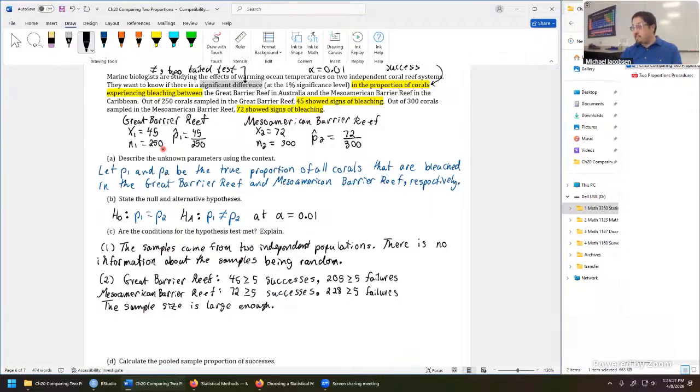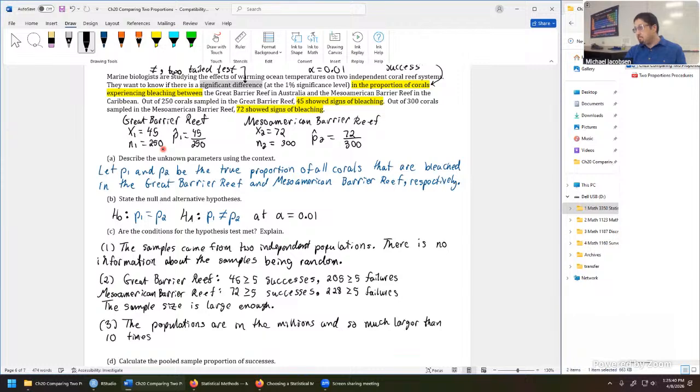So let's just make an overall statement. The populations are in the millions, and so much larger than 10 times the samples.